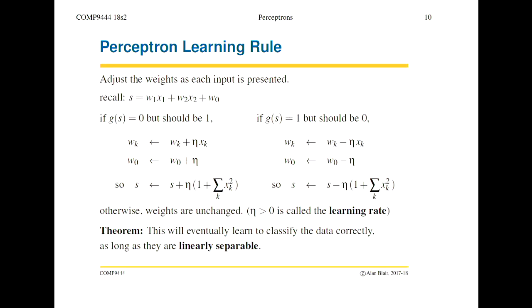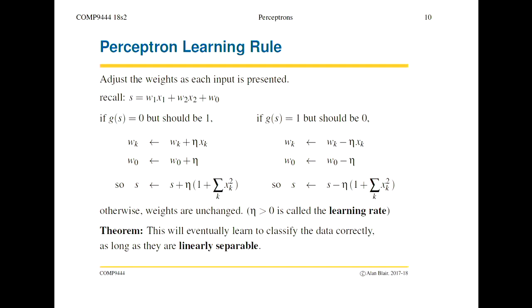So this guarantees that the next time I present that image, s will be bigger by this positive amount. And notice also the weights whose inputs are biggest get changed the most, because they're the ones that are going to make the most difference.